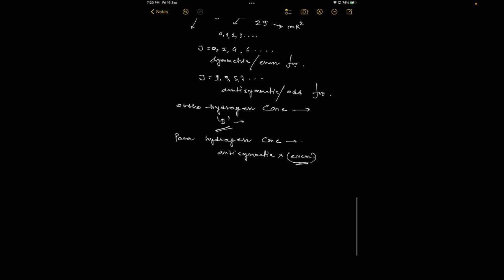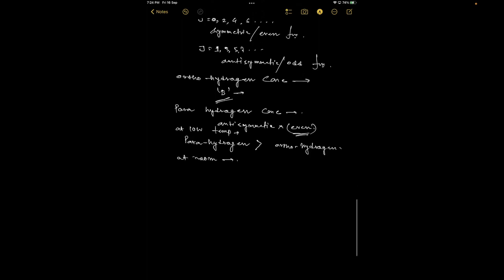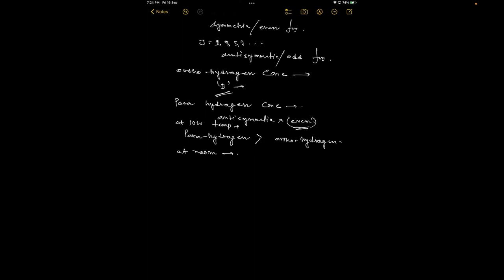So at very low temperature, parahydrogen is more stable compared to orthohydrogen. Parahydrogen is more stable compared to orthohydrogen at low temperature. And at room temperature, lots of states will be populated because of the high temperature.